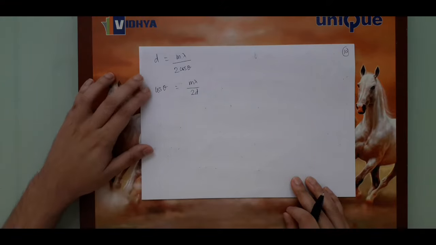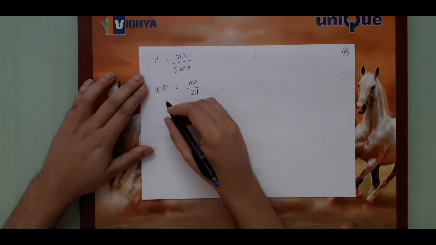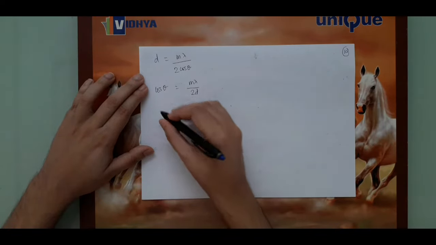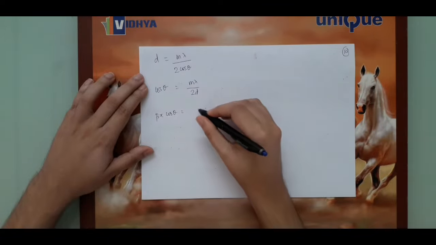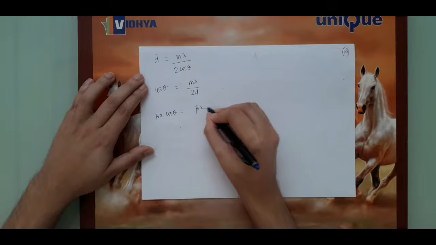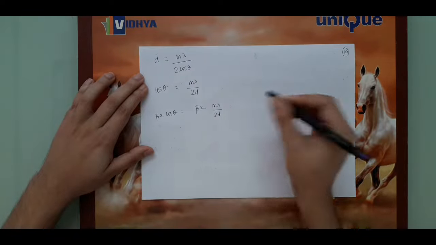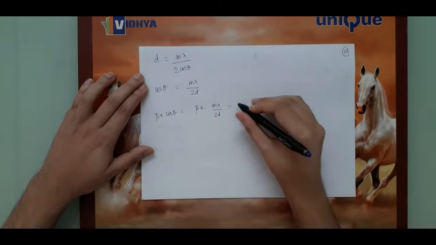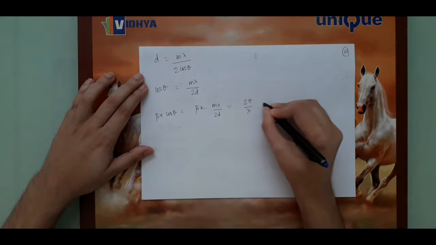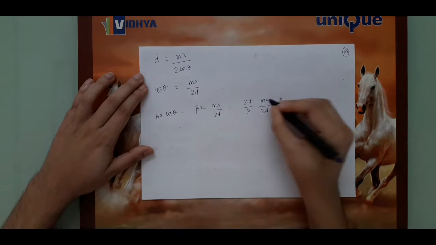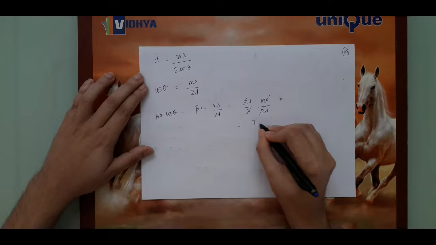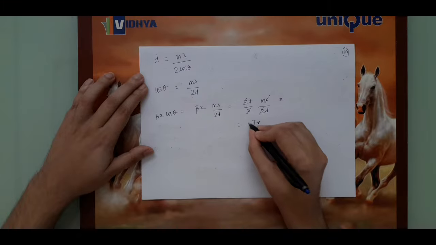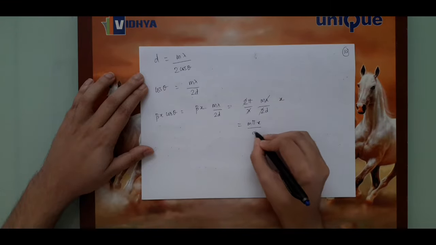So if I now introduce that beta x term, what I will get is beta x cos theta, which is again beta x times m lambda by 2d, and this I can write as 2 pi by lambda, x I'll put over here, m lambda by 2d. So lambda and lambda will cancel and this will cancel. So what we get is m pi x by d.